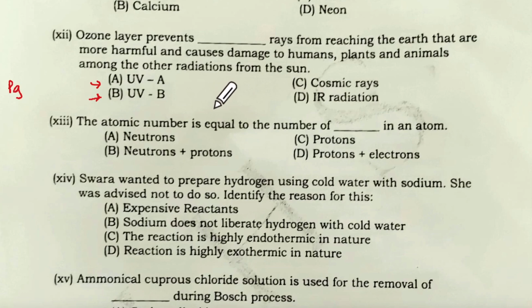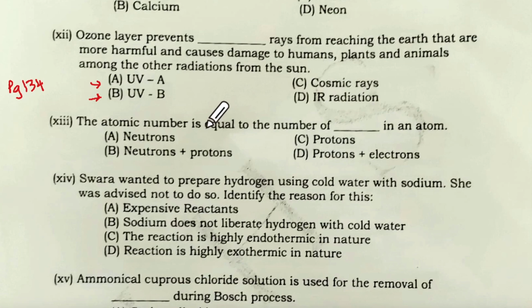Page 134. Is it UVA or B? Is it written over there in the textbook? Only UV. They said only UV.